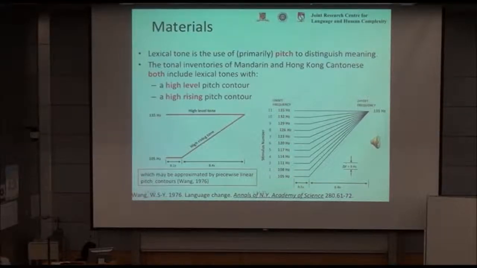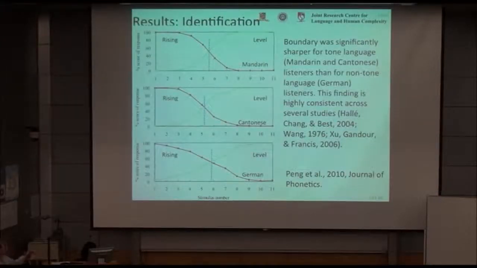Then we recruited 3 groups of subjects to do the experiments: native Mandarin speakers, native Cantonese speakers, and native German speakers, the non-tone language group.